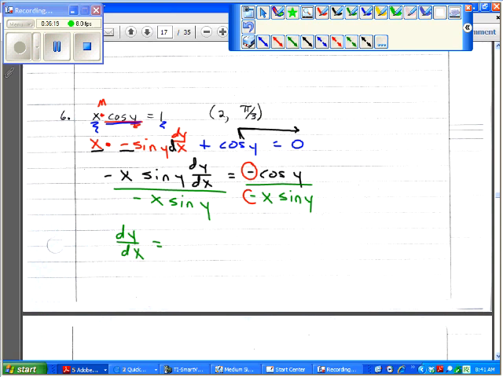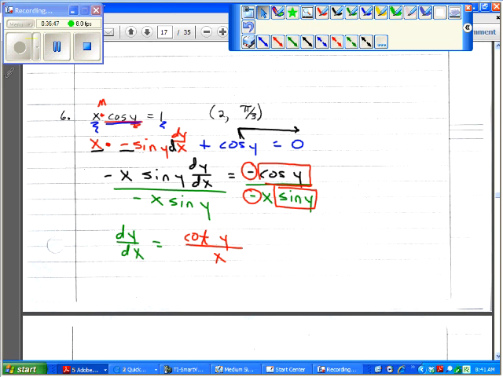What's a negative divided by a negative? A positive. Now, these are the same this time, right? Cosine y over sine y. Cosine over sine is cotangent, so we can write that as cotangent y. And then we still have that x on the bottom. So we end up with cotangent y over x.